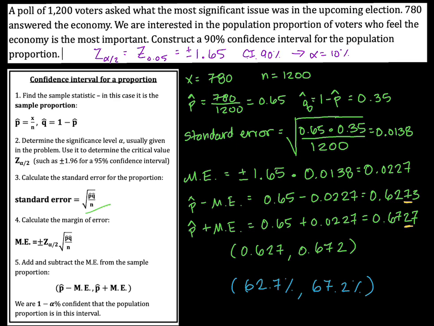So another way to write that would be that the population proportion, the actual percentage of people who would select the economy as the most important issue in the next election, is somewhere between 62.7% and 67.2%. So this is a 90% confidence interval. All right, and that's it for now.